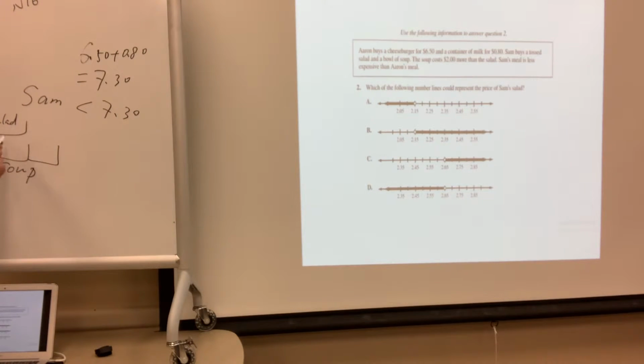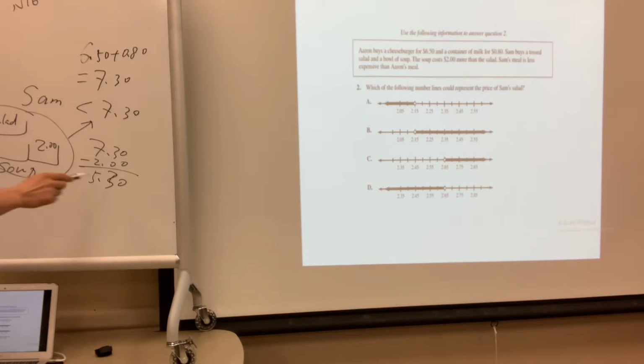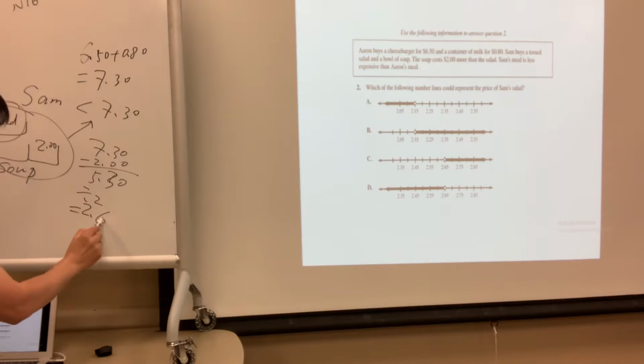The soup is salad plus $2. So then the total, if it is $7.30, so $7.30 minus $2, then you got $5.30. So you divide by 2. This one divided by 2. So you got the salad. It's $2.65. And Sam's cost is less than this one.